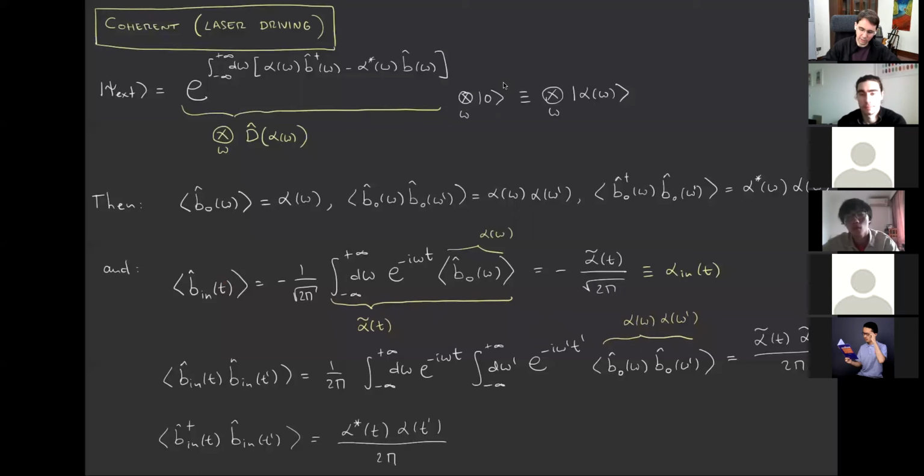Then what these statistics are telling you is that the state of the external modes can also be written equivalently as a coherent state with amplitudes alpha in of t on each of the input operators at time t, okay? So we have a tensor product now over the time label, okay?